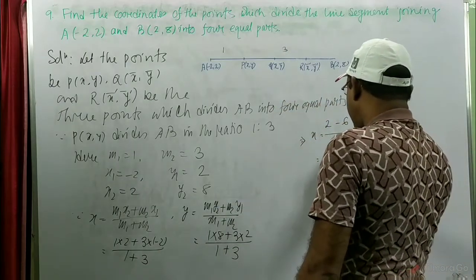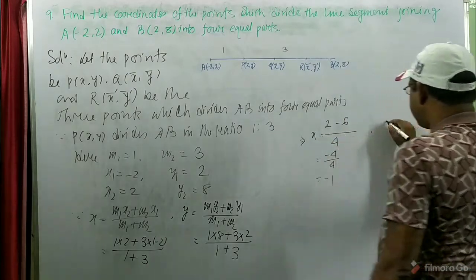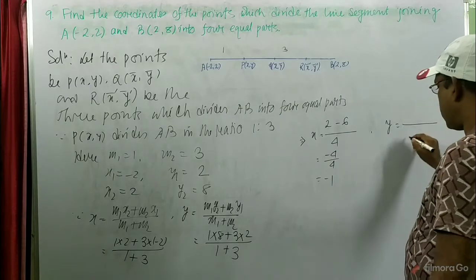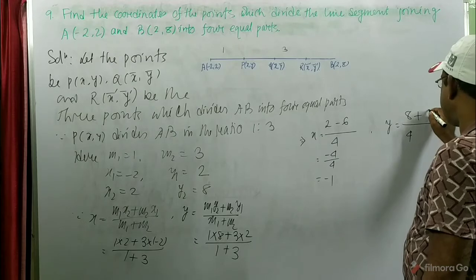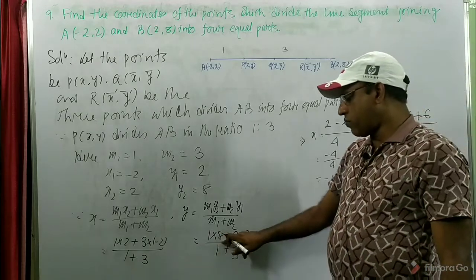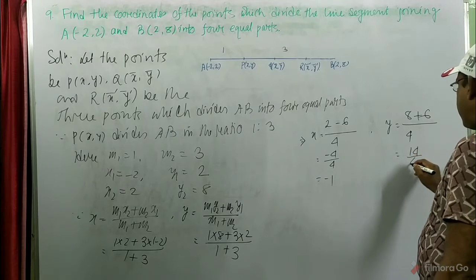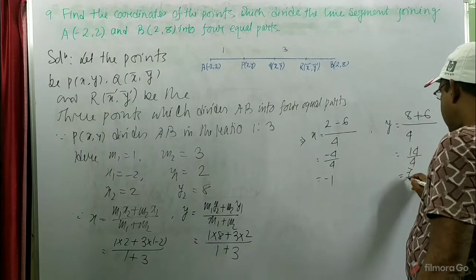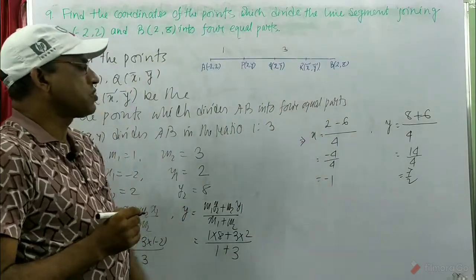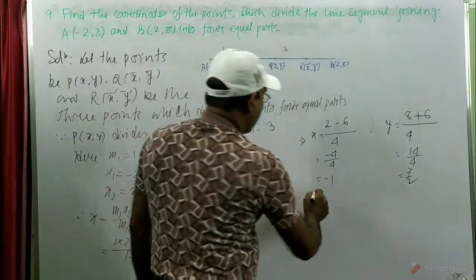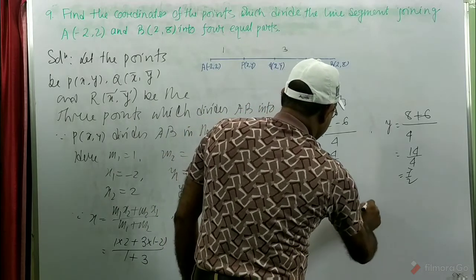So this is -4 by 4, this will be -1, and y equal to 8 plus 6 over 4, this is 14 by 4, this is 7 by 2 we get. So first point we get -1, 7 by 2, therefore P we get -1, 7 by 2.